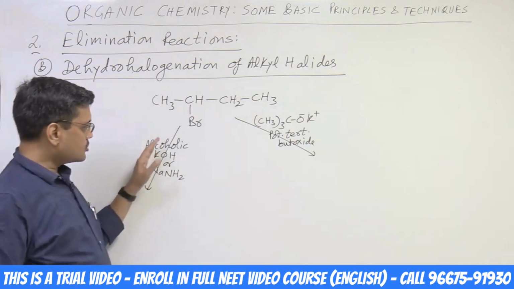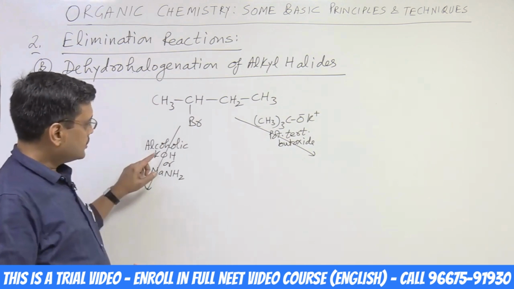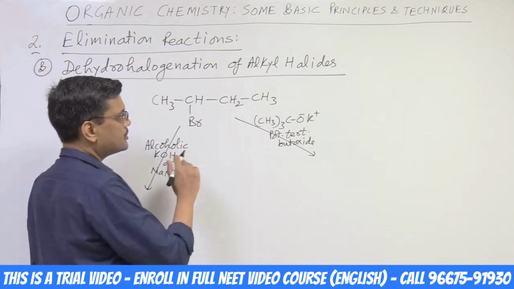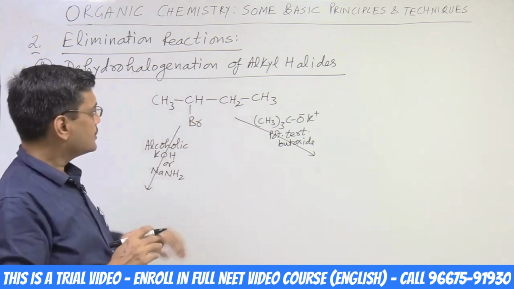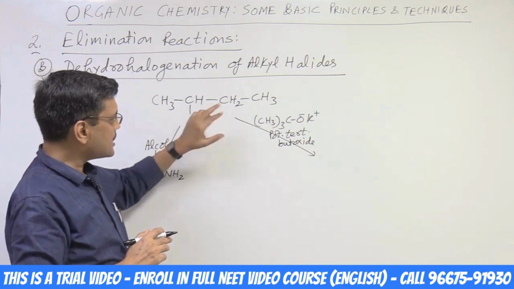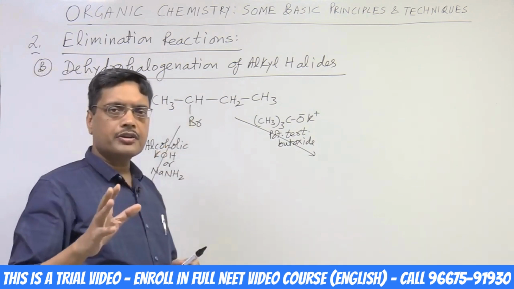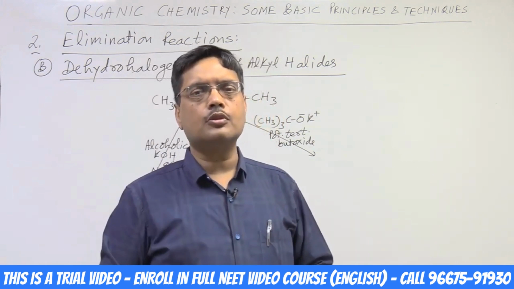So if we use alcoholic KOH or NaNH2, then OH minus ion removes the H plus ion. From which position does elimination take place? According to the Saytzeff rule, the poor becomes poorer.